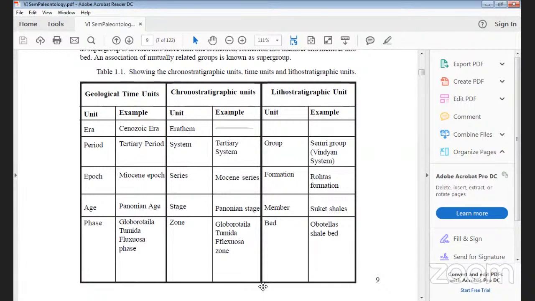Age is the Pontian age. Phase is the Globorotalia phase and Tumida Flexuosa phase.